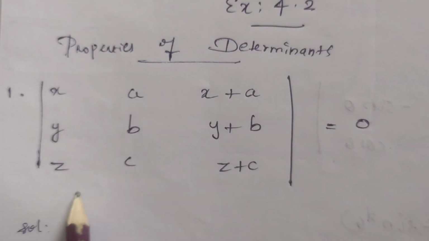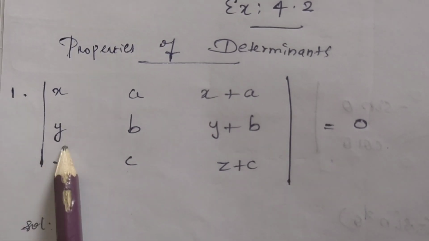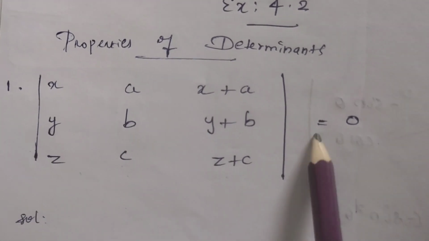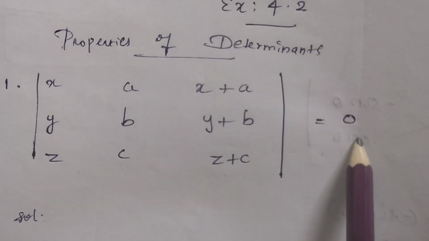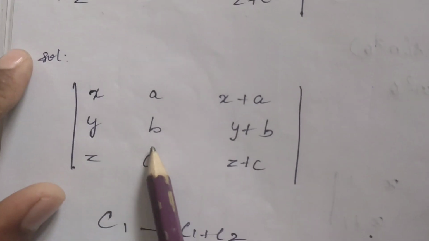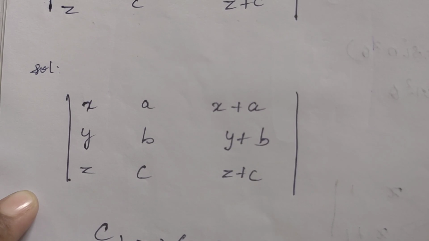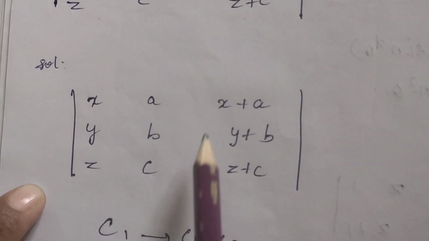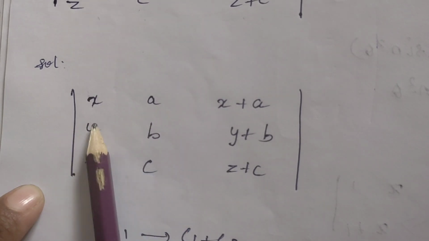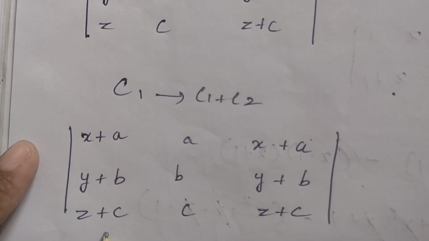The first question: determinant of x, a, x plus a; y, b, y plus b; z, c, z plus c. We have to prove the value of this determinant is equal to 0. So first, we'll write the given matrix. We can do this problem in two ways. First, we are going to add these two columns, x plus a, y plus b, z plus c, and write it in the first column.